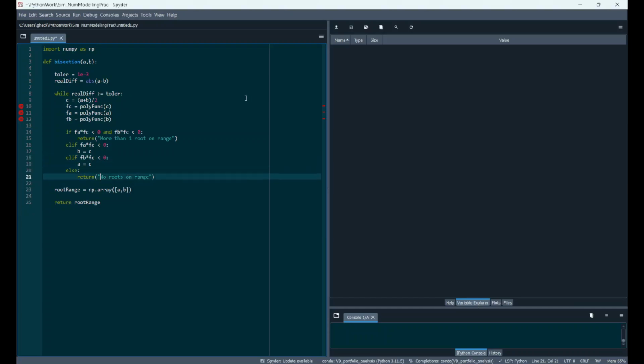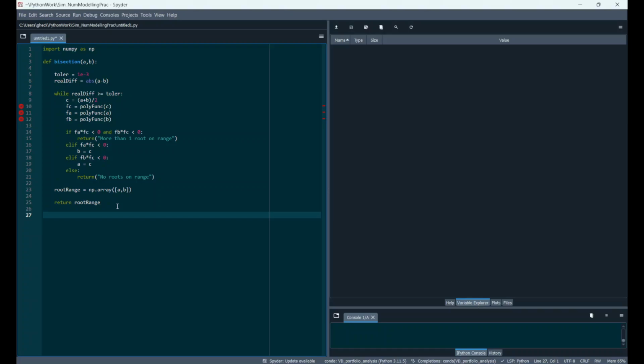So after the while loop has finished executing, and the real difference is less than this tolerance, once the real difference is less than the tolerance that we've allowed, we're going to break this while loop and come out of this and say, okay, set up these sets of values. This is our new boundary around which we are confident the value is in there somewhere. And then we're going to return that array.